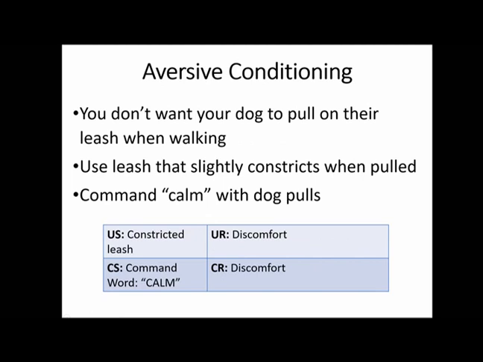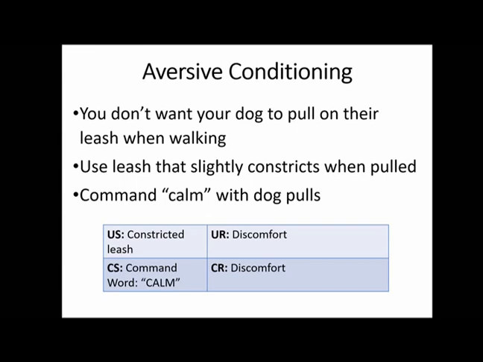Now we can look at another example, but this time with aversive conditioning. And again, sticking with dogs, maybe you don't want your dog to pull on their leash when you're walking them. Because if they're tugging on the leash, then they could pull you into traffic, they could cause problems, it's unpleasant for you. So maybe now you're going to use a leash that slightly constricts when the dog pulls on it.